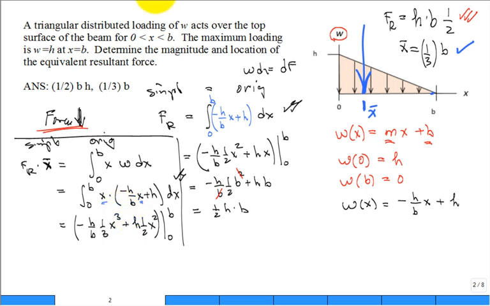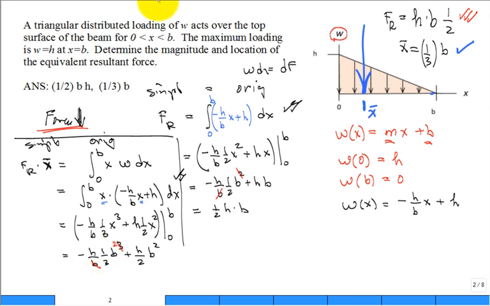Let's do this. So we evaluate at b, so this is going to be minus h over b 1/3 b cubed plus h over 2 b squared. Well, this b makes it a b squared there. And now I have 1/2 minus 1/3.